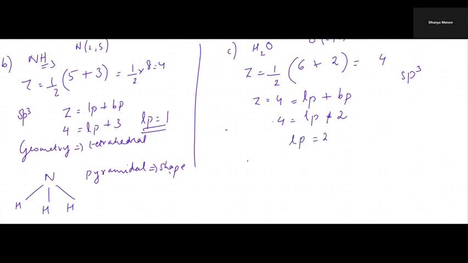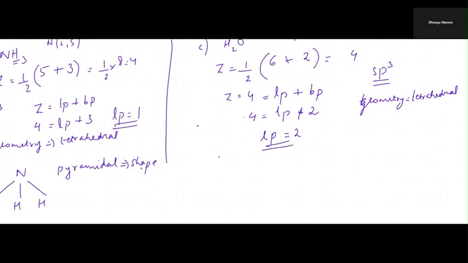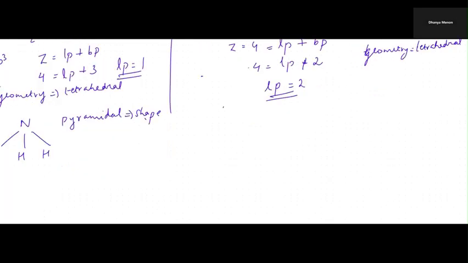Now for Z value 4, the geometry is tetrahedral. Now, coming to the shape, which is not the same as geometry because we have lone pair. I have oxygen, 2 lone pair, 2 bond pair.